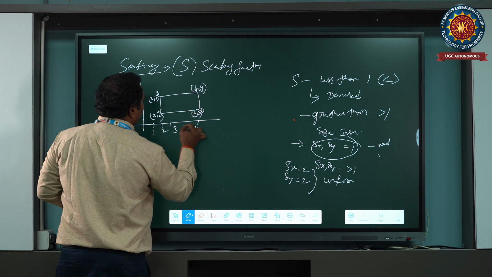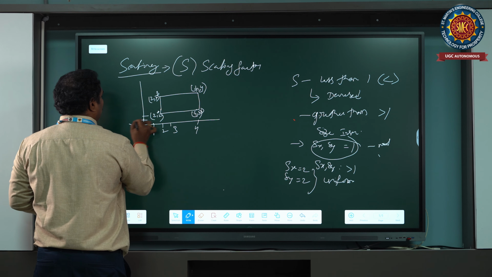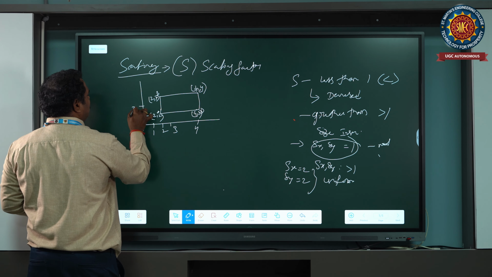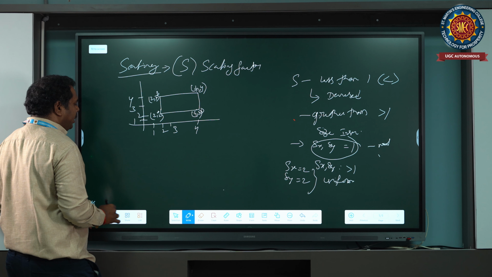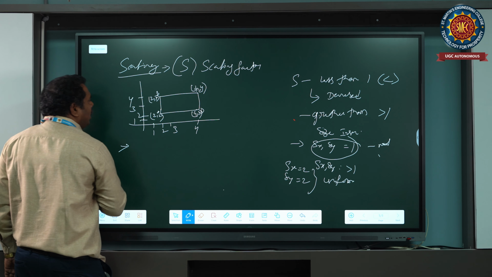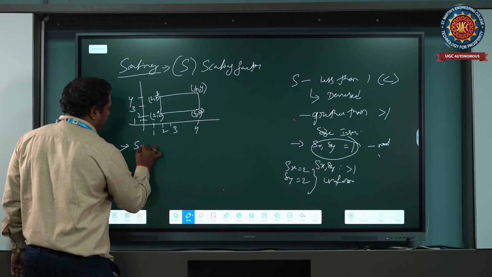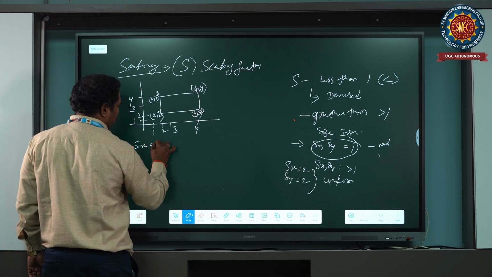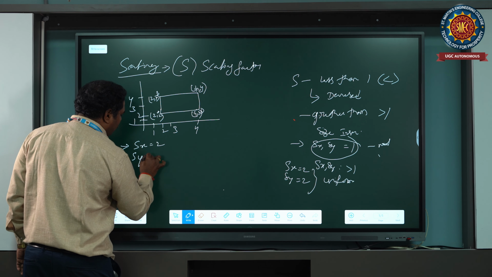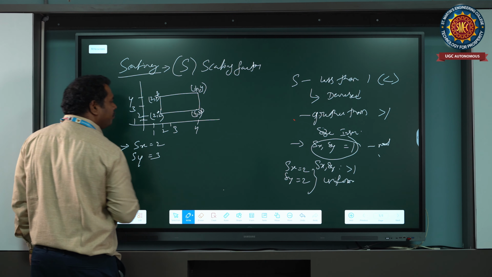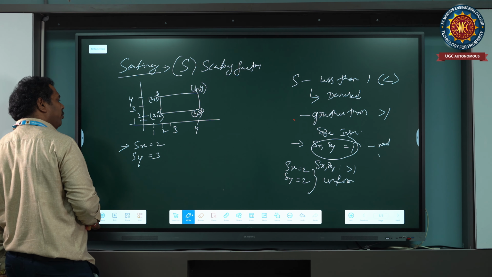In this problem I have given a Sx value equal to 2 and Sy value equal to 3.